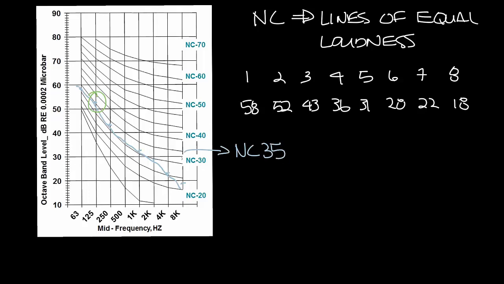So let me draw in another sound curve. Let's say this one has 30 dB in the first band, 32 in the second, 35 in the third, 37 in the fourth, and so on. And now let's plot that in another color on this chart.